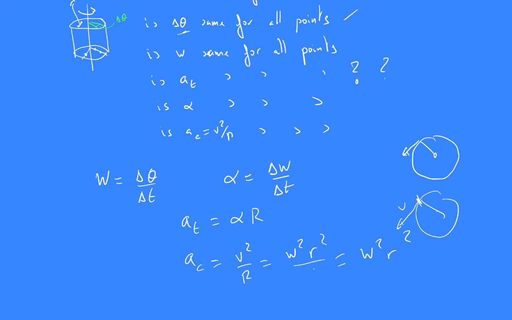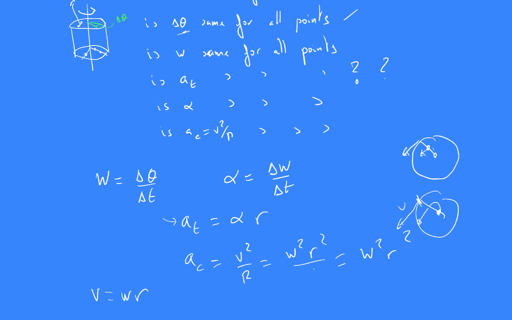Let's put the r here, in lowercase. It's clear that the tangential acceleration depends on where you are. If you are here, for example, you will have a smaller velocity, and when you are here, the velocity will be bigger, because v is equal to omega times r.